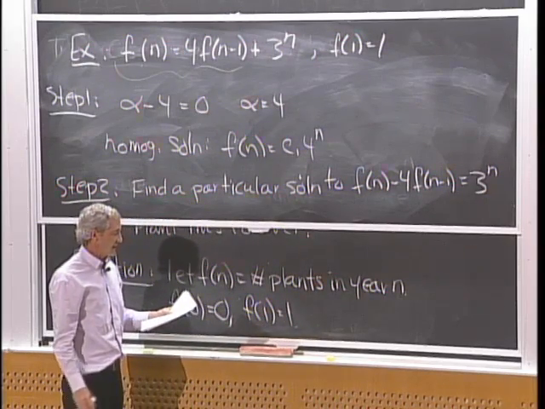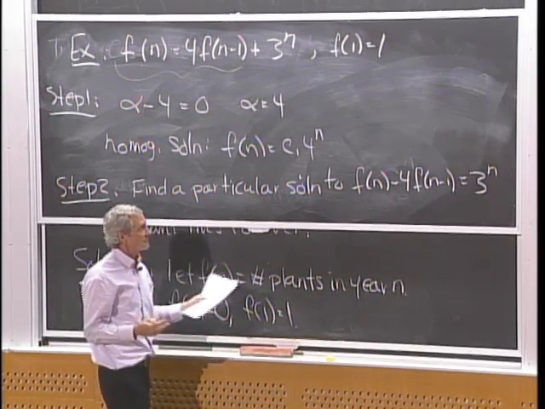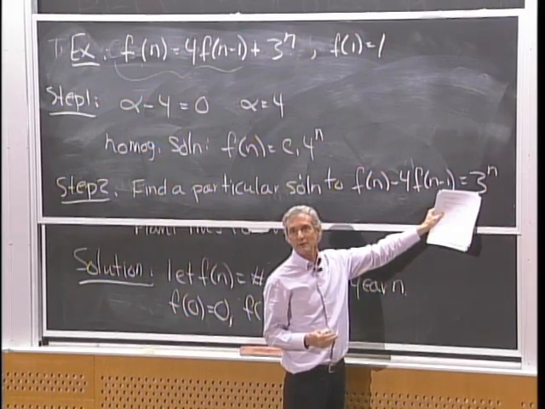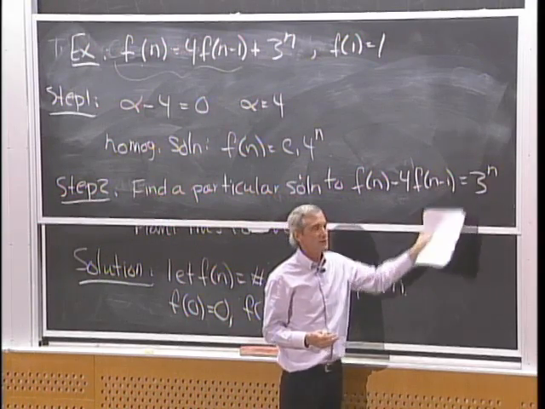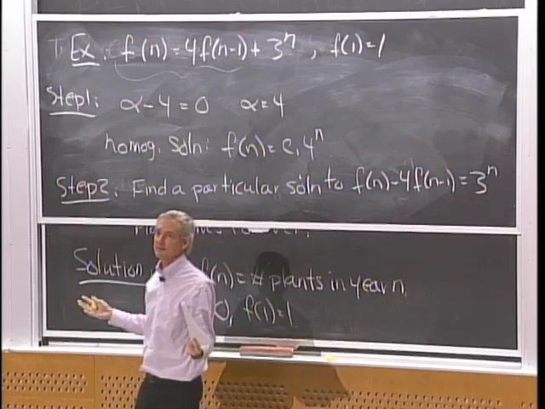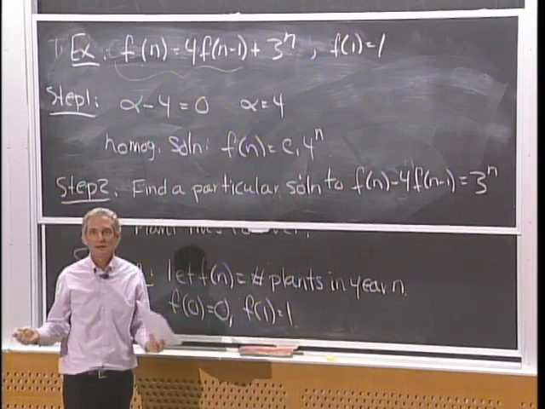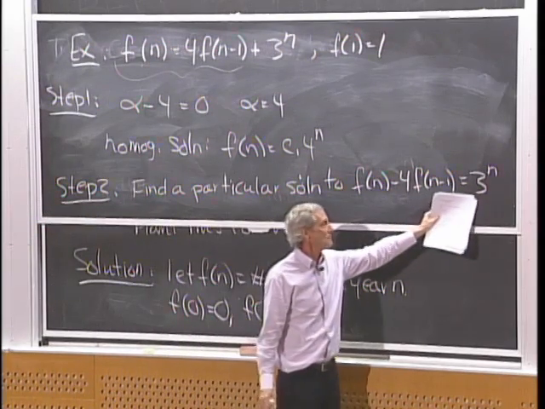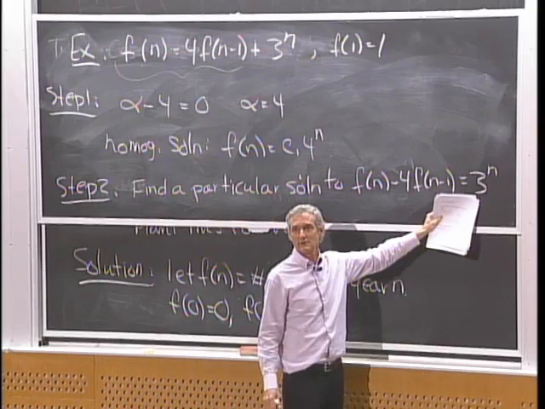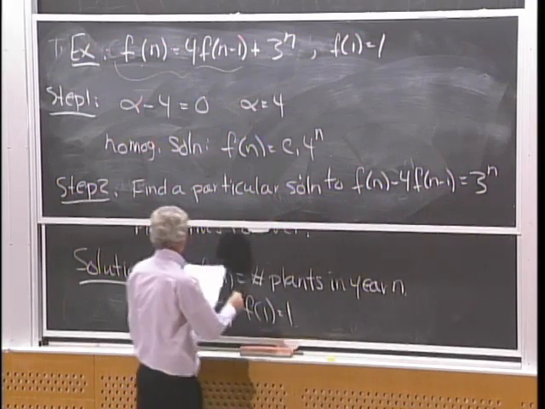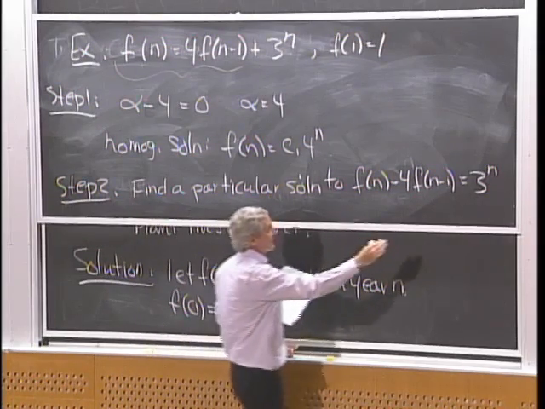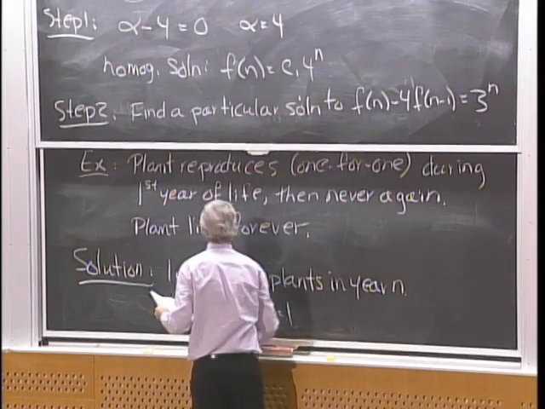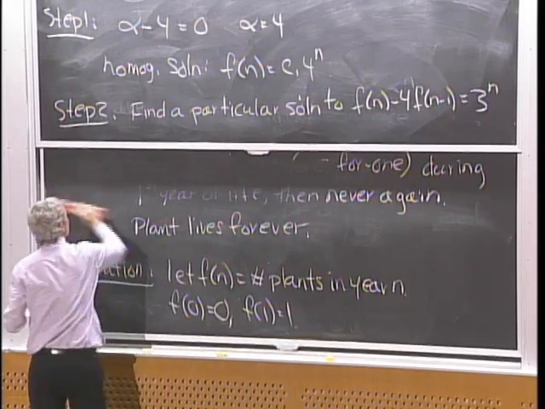And basically the idea is that you guess something for f of n that looks a whole lot like this g term out here. And in particular, this g term is 3 to the n. You guess a constant times 3 to the n. If it's 5 to the n, you guess a constant times 5 to the n. If it's n squared, you guess a polynomial that's of degree 2, and so forth. Okay, so let's guess a constant times 3 to the n and see if we can make it work, not worrying about the boundary conditions.